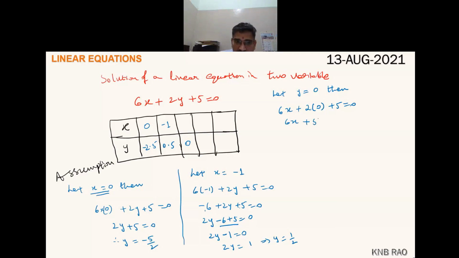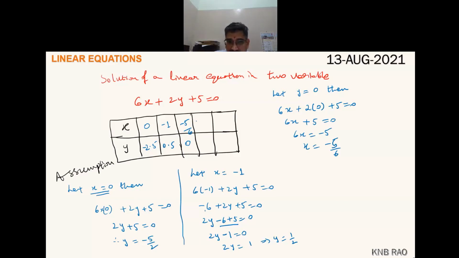Just we have 6x plus 5 equals 0. 6x equals minus 5. x equals minus 5 by 6. So I got a value for the variable x now. If I assume the value of x, I'll get the value of y. If I assume the value of y, I'll get the value of x automatically.